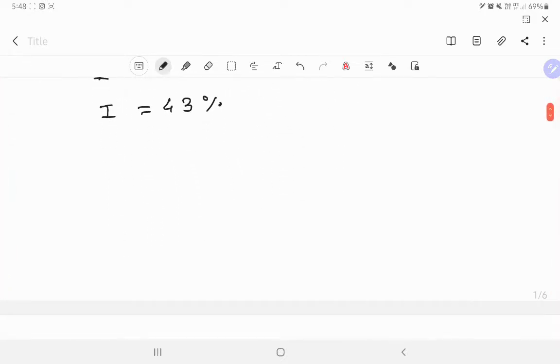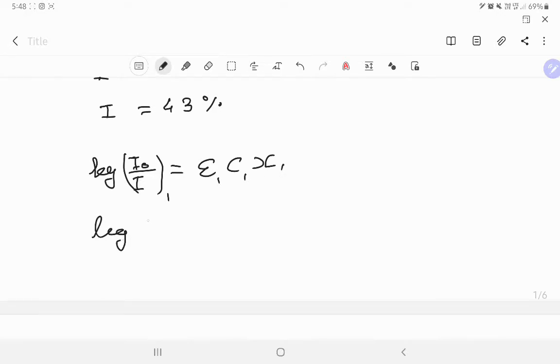Means we have to use this equation, log of I0 upon I is equal to epsilon Cx. For first solution, 1, 1, 1, 1. For second solution, we have to use log of I0 upon I2 is equal to epsilon 2 C2 x2.